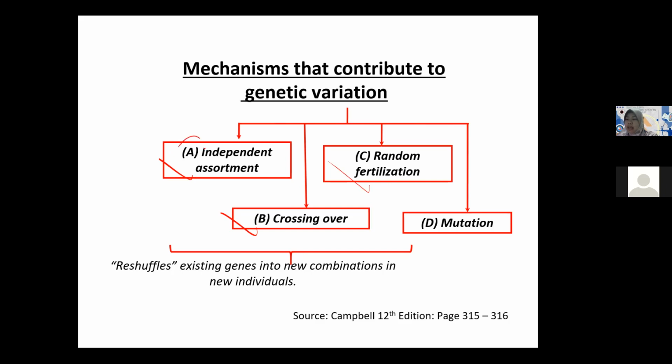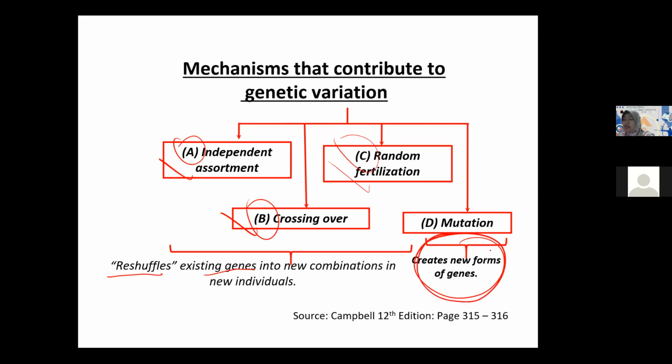So A, B, and C will reshuffle existing genes. Maknanya, for independent assortment, crossing over, random fertilization, the genes are all already present, but they are reshuffled, meaning transferred from one chromosome to another chromosome, alright? That's it. But for mutation, it might cause the creation of new forms of genes.